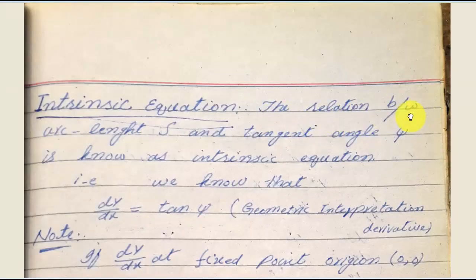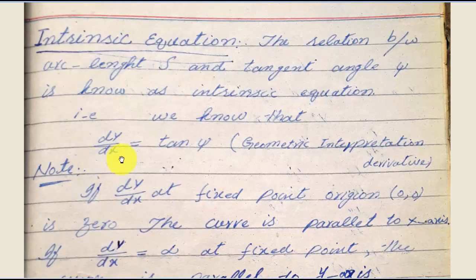The relation between arc length and tangent angle psi is known as the intrinsic equation. We know that dy over dx is equal to tangent psi, which is proved from the geometrical interpretation of the derivative.